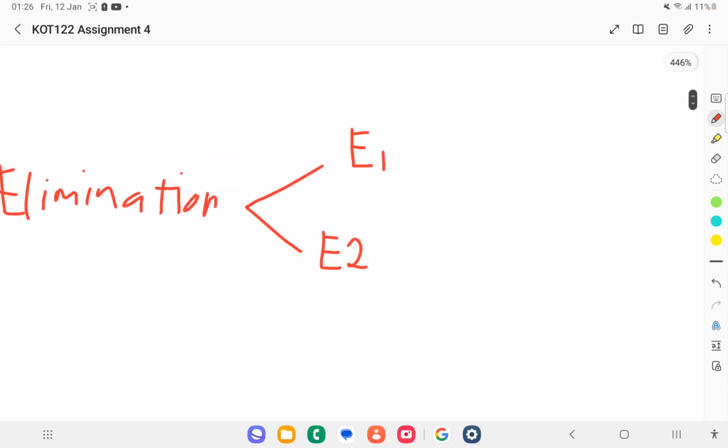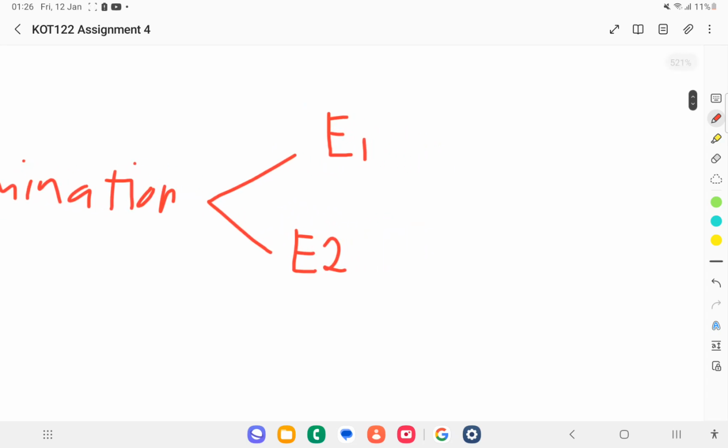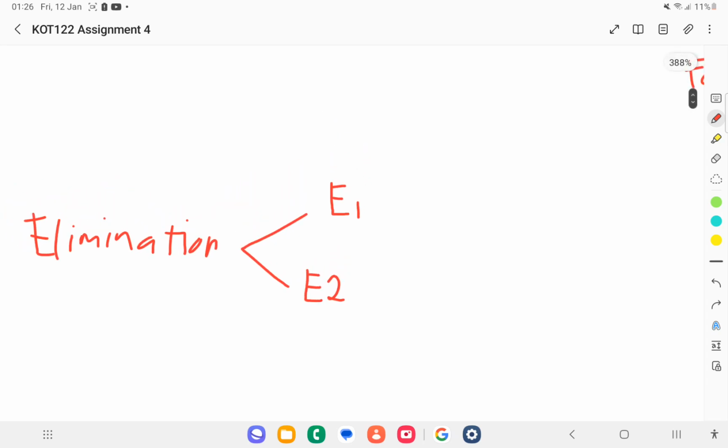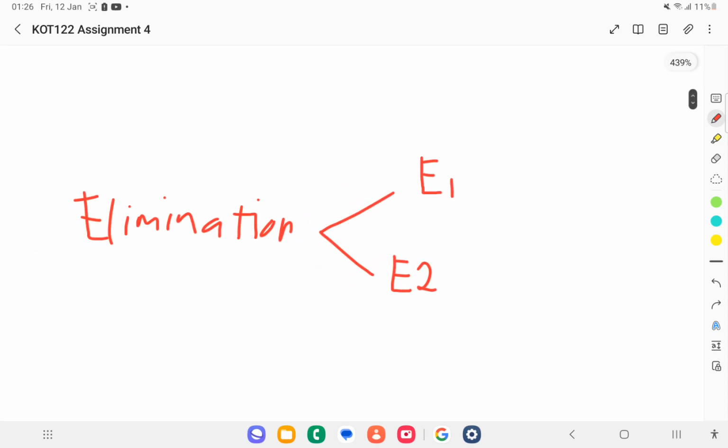So what is the difference between E1 and E2? The base used, whether it is a weak or strong base. But in these questions, you will really need to understand the mechanism of elimination, how we eliminate one hydrogen, which is a beta hydrogen, and the other atoms involved in the mechanism.